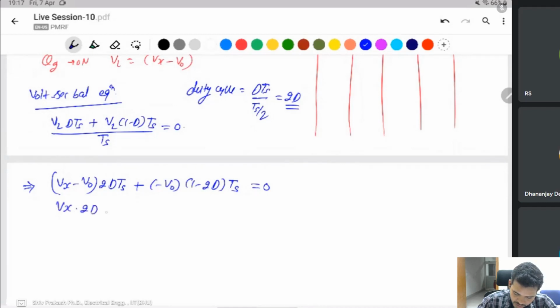Vx into 2d minus 2d V naught minus V naught plus 2d V naught equals 0. This cancels out. V naught is equal to Vx into 2d.